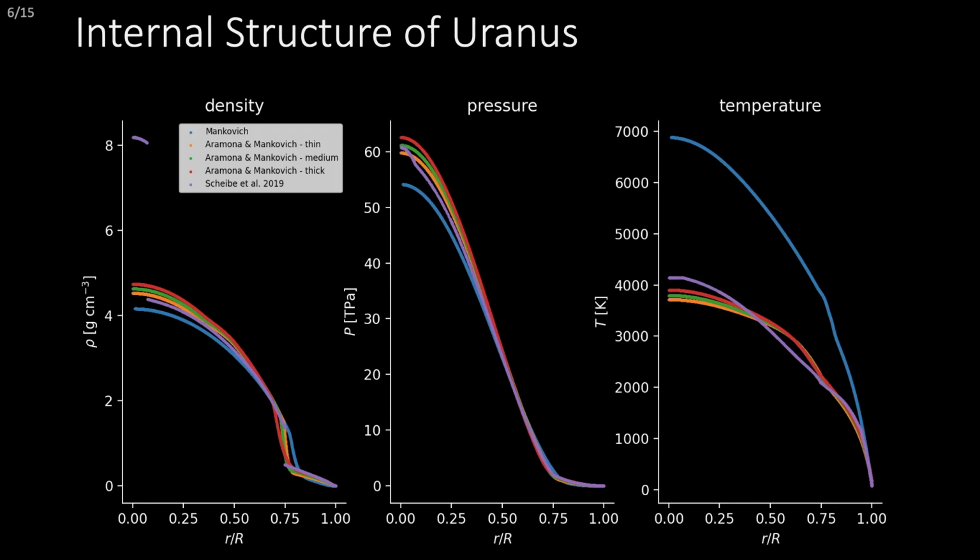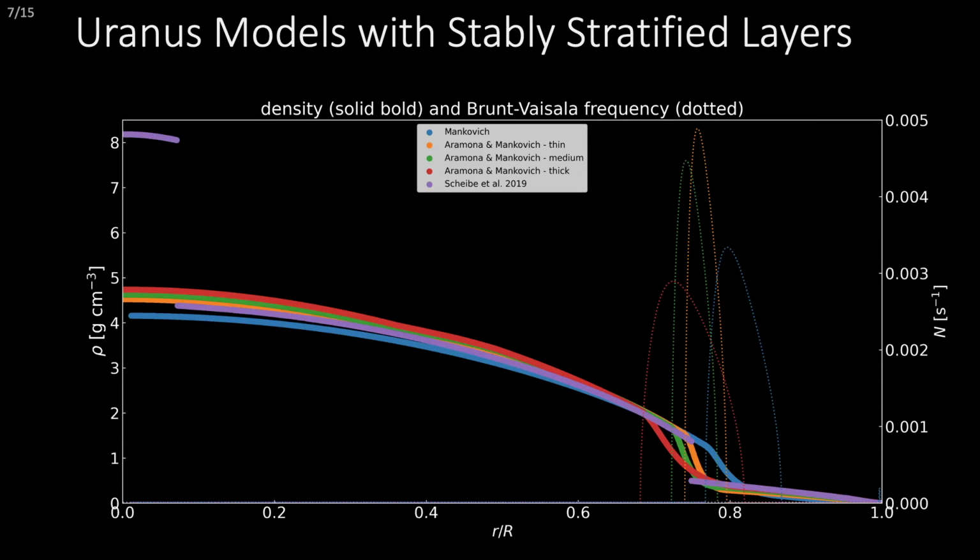The other models have no discrete jumps and actually no core. The Mankiewicz model has significantly higher internal temperatures. In reality, it's probably density and pressure that matter most for the planetary normal mode oscillations, but temperature may play some role. The models without discrete jumps are watery models, and each has a gradient in their water abundance. This gradient coincides with the stably stratified layer, shown with non-zero Brunt-Väisälä frequency.